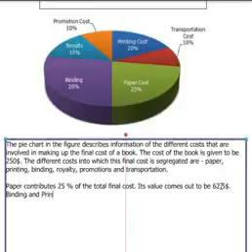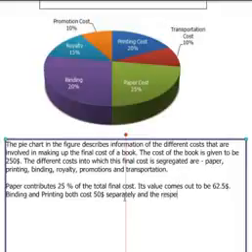Binding and printing both cost, now 20%, that means 20% would be around $50 separately, and the respective contributions are 20% each.